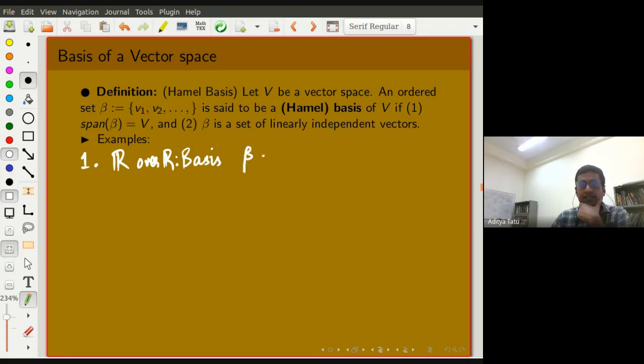I am asking you to find a subset of R which spans R and which is linearly independent. Can you think of a subset?